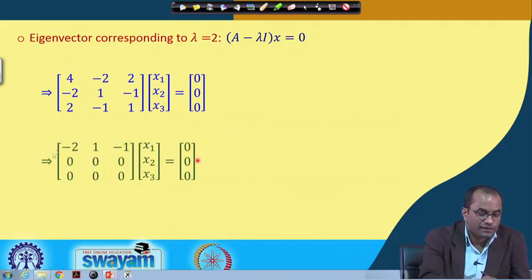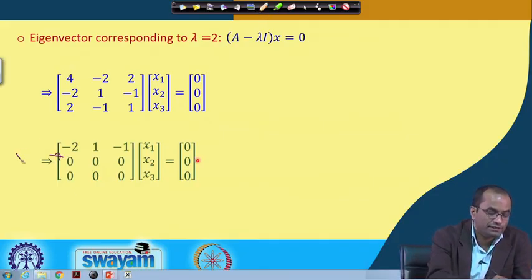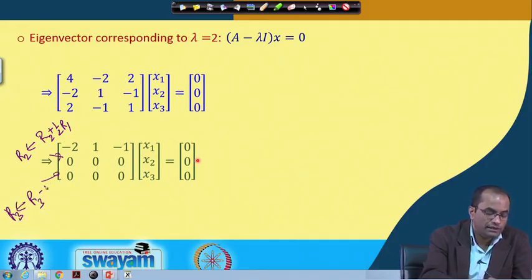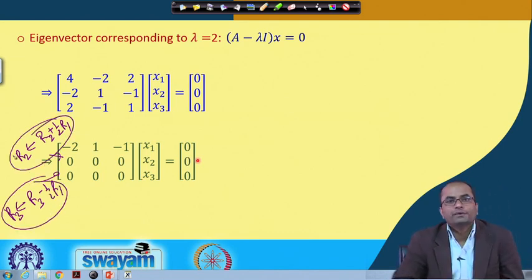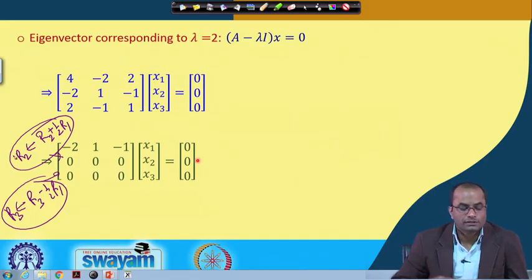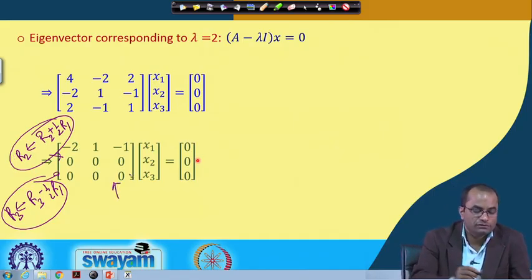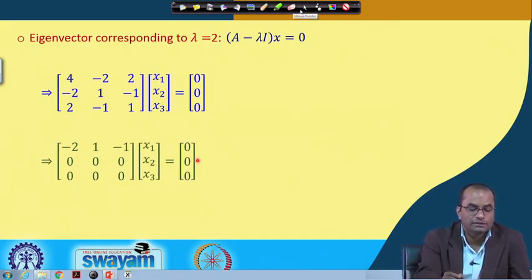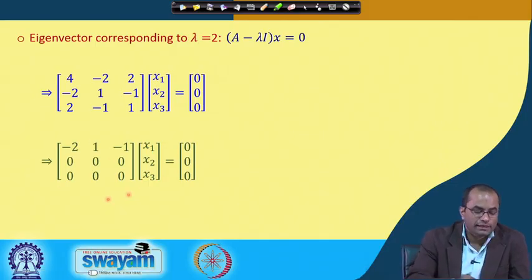So, the operation we have taken is R2 is R2 plus half of R1, and for R3 it is R3 minus half of R1. With these two elementary operations, we have got the row reduced echelon form of this system of linear equations.